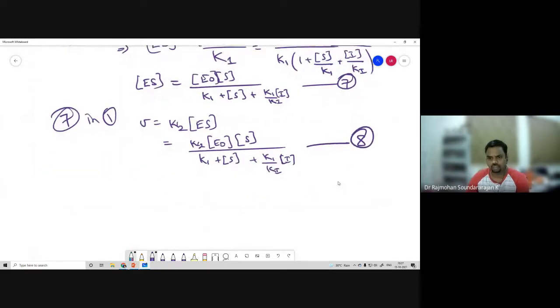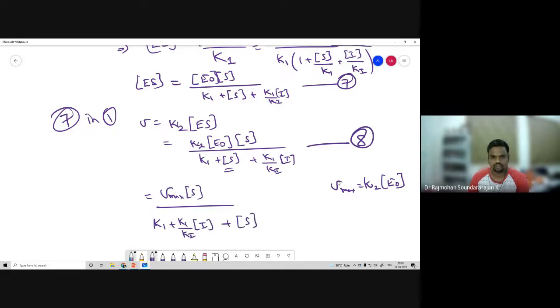How can we simplify further? We know that Vmax can be defined as K2 into E naught. The S terms in the denominator can be combined together, so we can write Vmax into S divided by K1 plus K1 by Ki into I plus the concentration of substrate S.